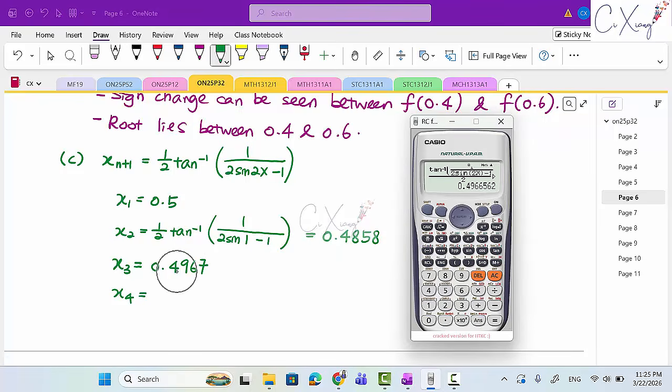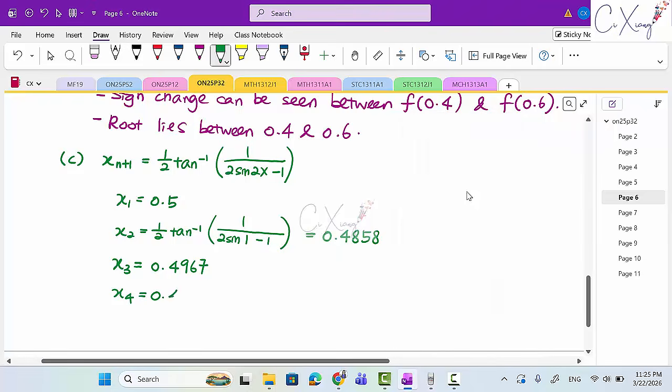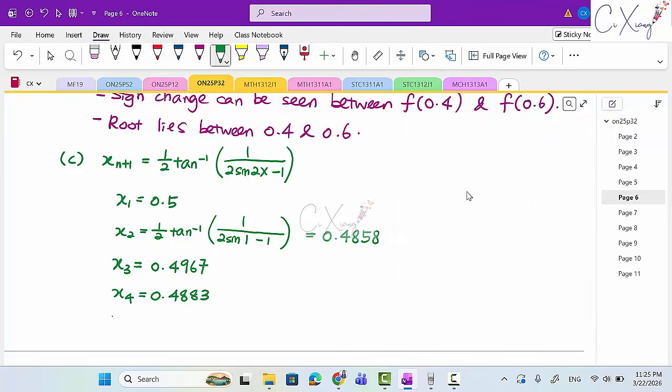Now I want to input my x3 into the iteration formula, 0.4967. So press calculate, then key in the value 0.4967, then equal sign. Then you're having 0.4883. Okay, continue further.